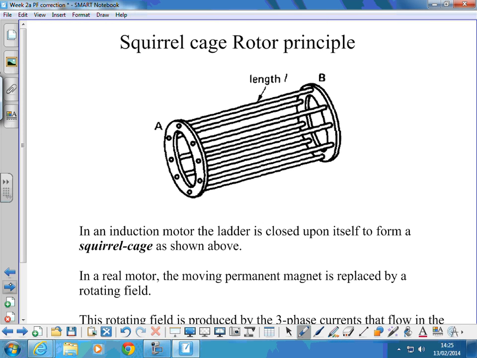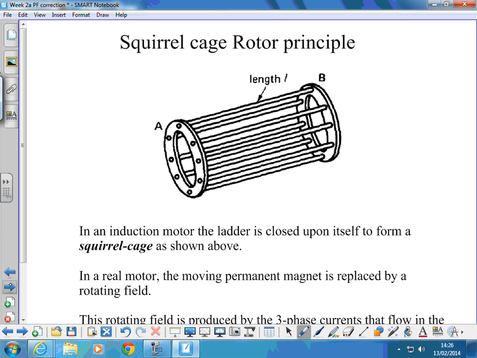In a real motor, this ladder is wrapped up on itself, and that's termed a squirrel cage rotor. The bars go in slots, but the whole rotor is made up of laminated plates with slots in them, and then the bars are laid in the slots, and the ends are all shorted together with a ring.